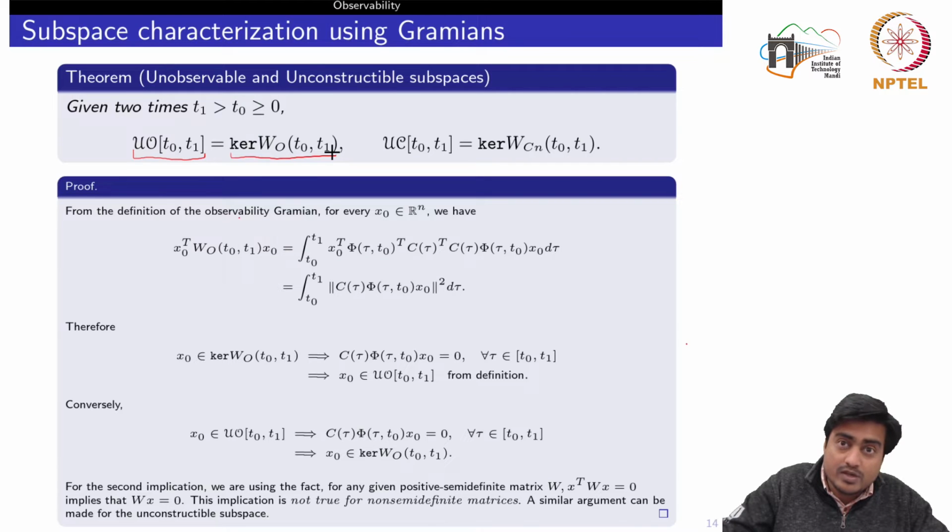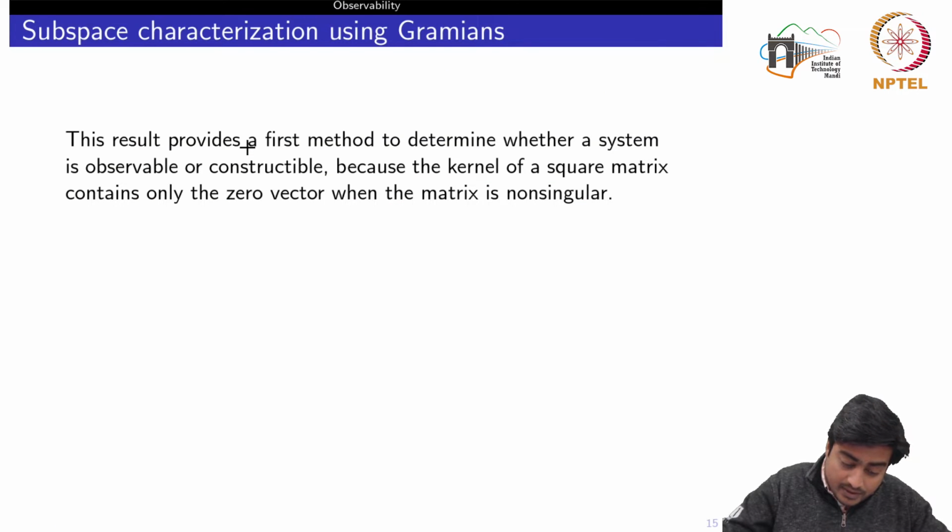Then the system is observable. If it contains only the zero vector, then the kernel of that matrix should be zero. It should not contain any other vector, and this is only possible if the matrix itself is non-singular, because in the previous theorem we had seen that the Gramian matrix is positive semi-definite.